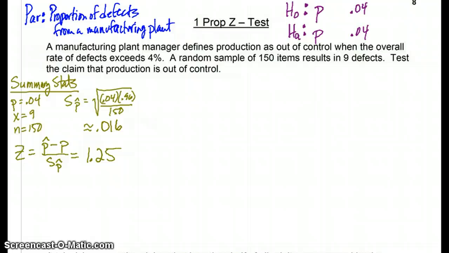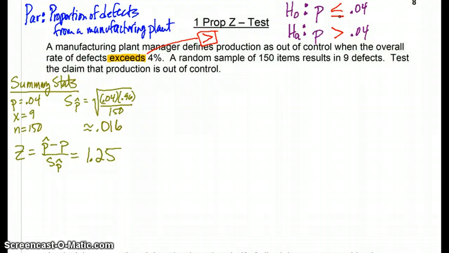I'm hoping you see "exceeds." Exceeds means greater than, okay? Greater than goes with H sub A. Therefore, our null hypothesis is P is less than or equal to 0.04.